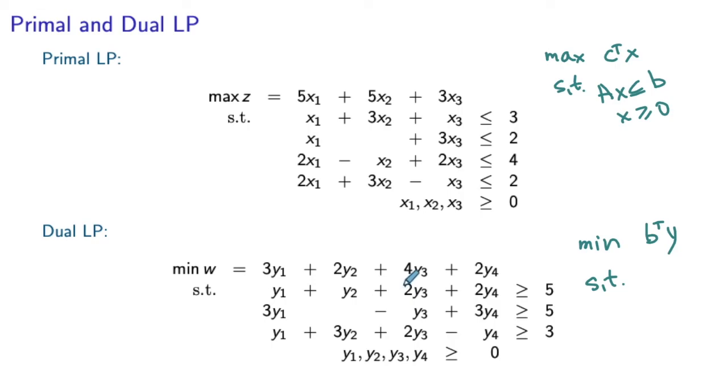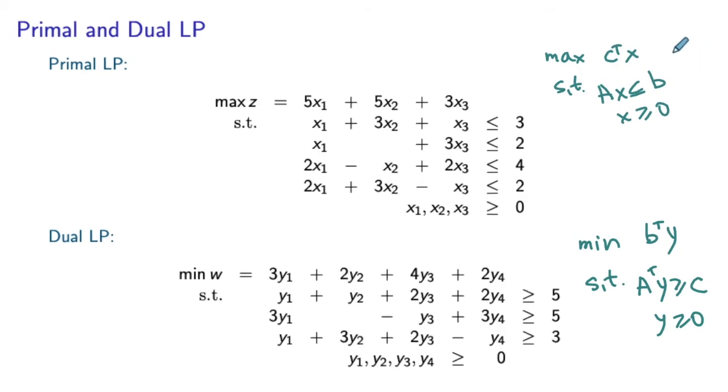So we essentially transpose this matrix A, so it's going to be A transposed times Y is greater than or equal to, and in the right-hand side here we have now the vector C of the coefficients that we had in the objective of the primal problem, and then Y's are greater than or equal to 0. Alright, so we can see that essentially in order to obtain the dual problem, we transposed the primal problem.